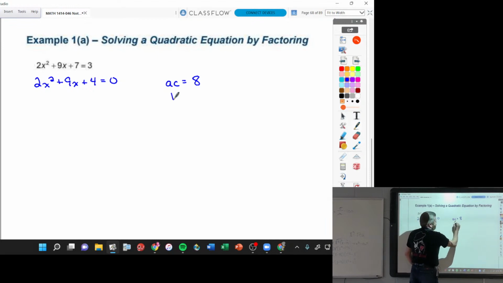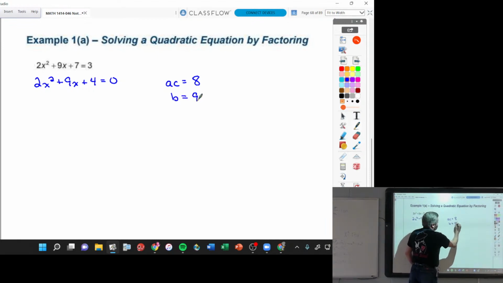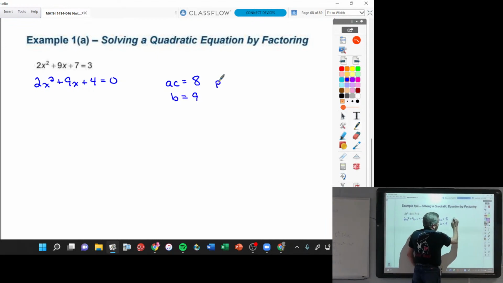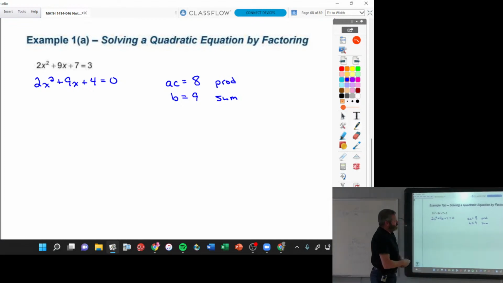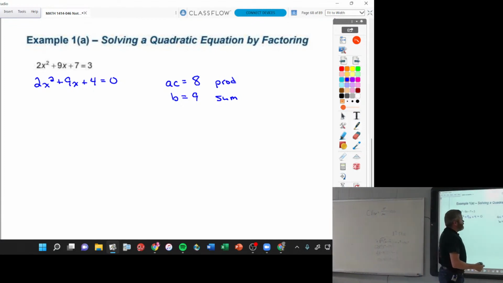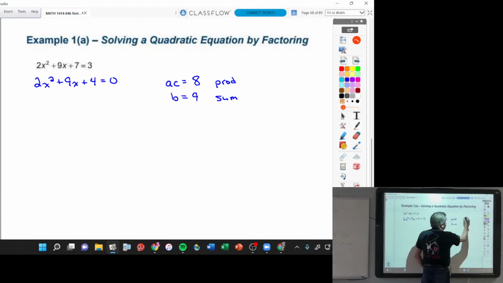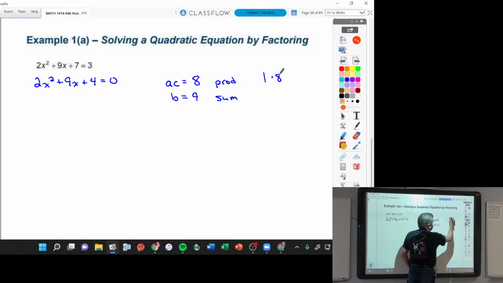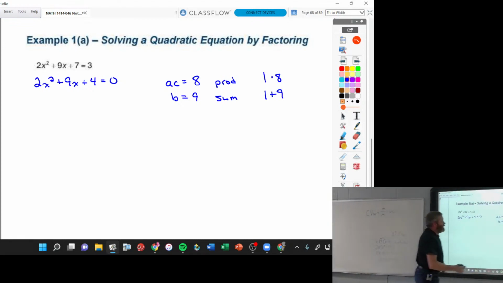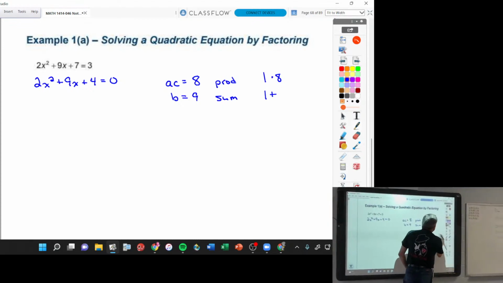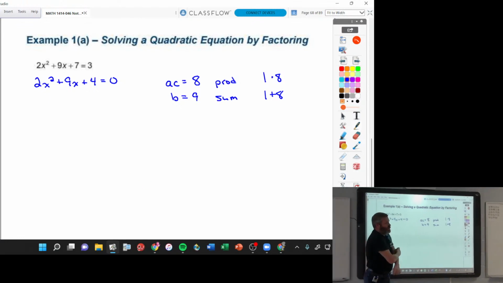And notice that b is 9. So I need a product of 8 and a sum of 9. The two numbers would be 1 times 8 is 8, and 1 plus 8 is 9. So the two numbers are 1 and 8.